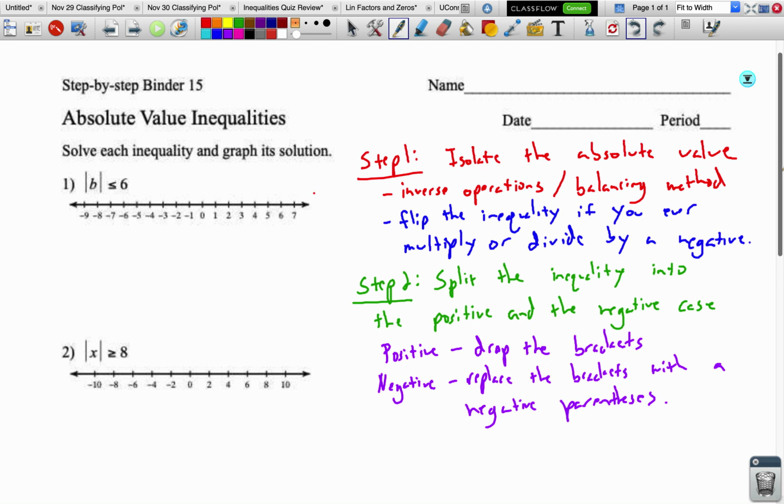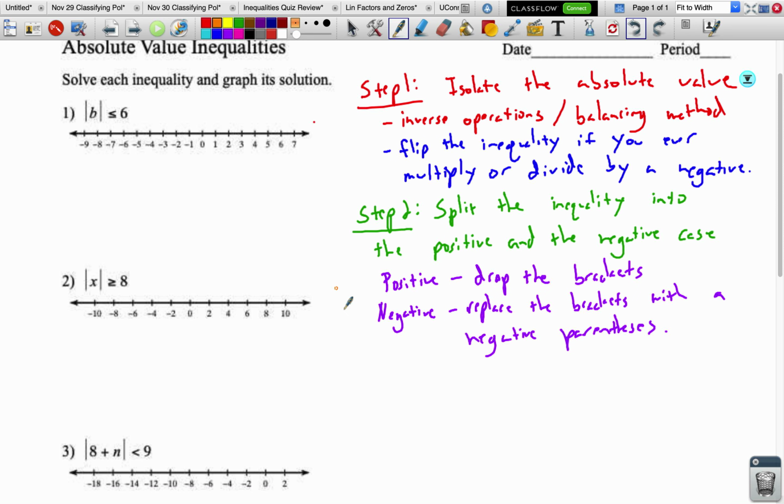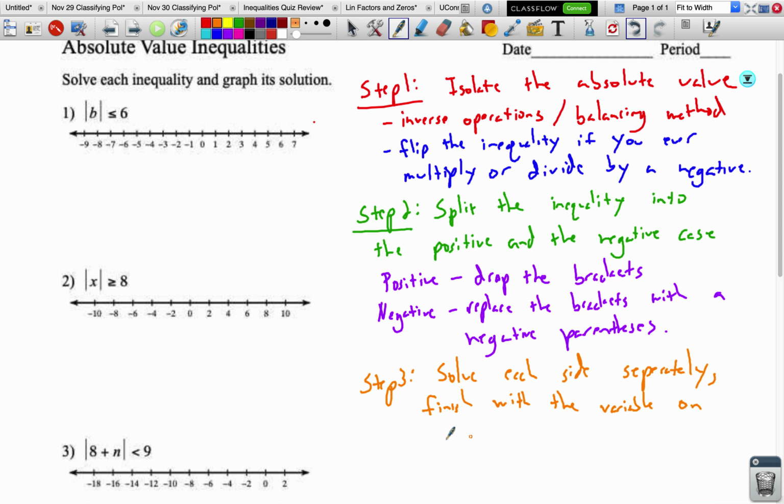All right, step 3. We need to solve each side separately. Finish with the variable on the left.